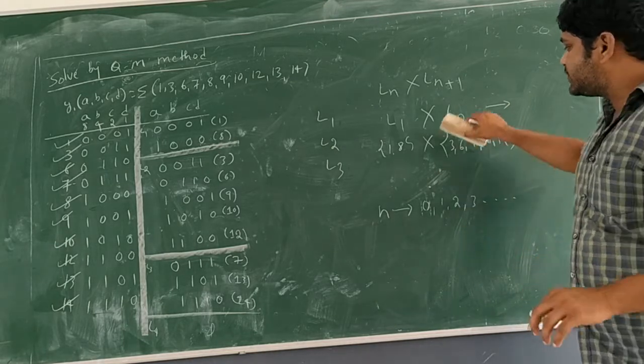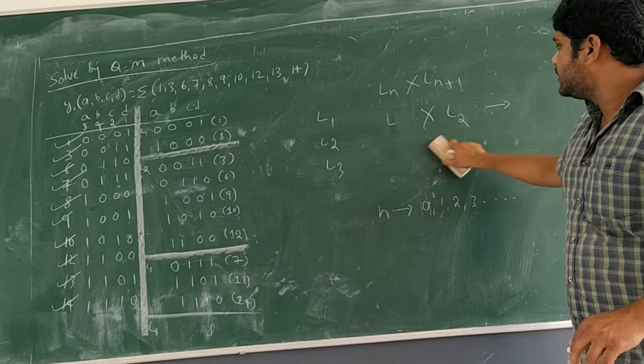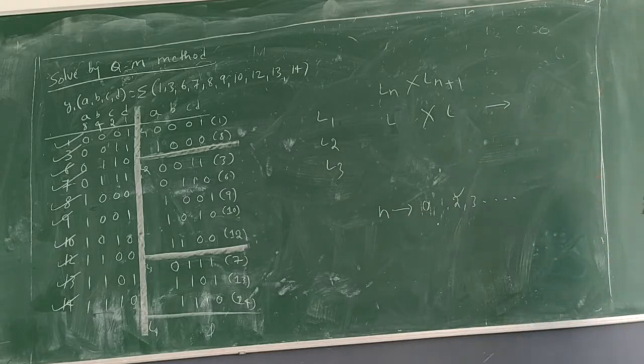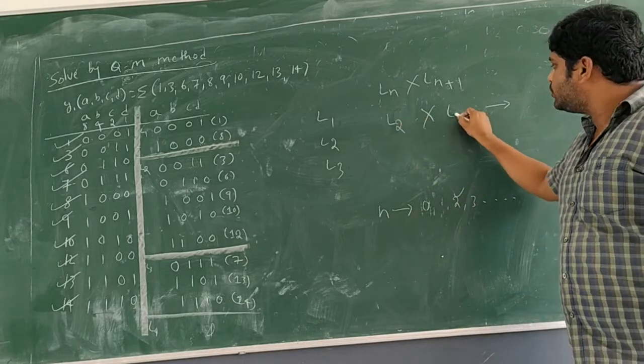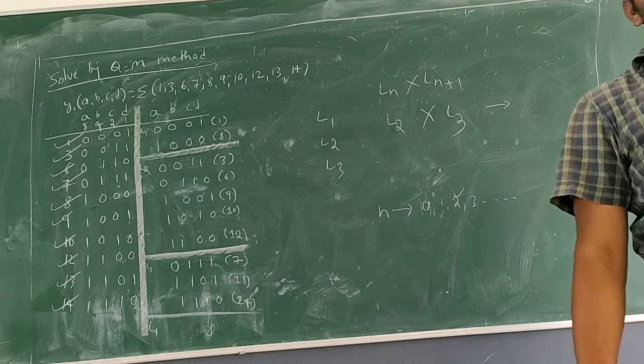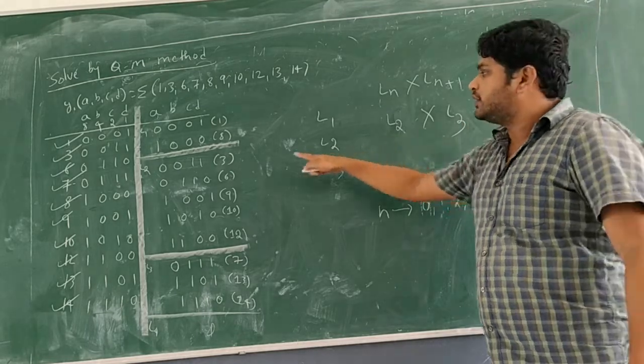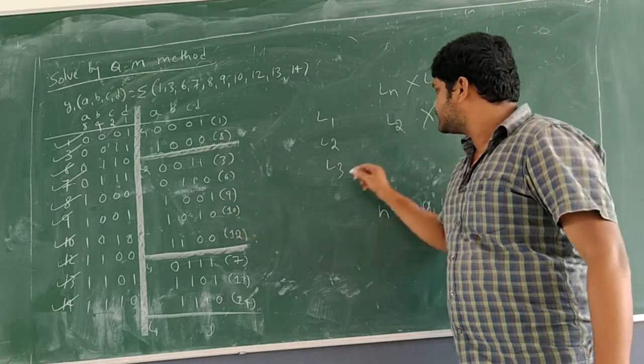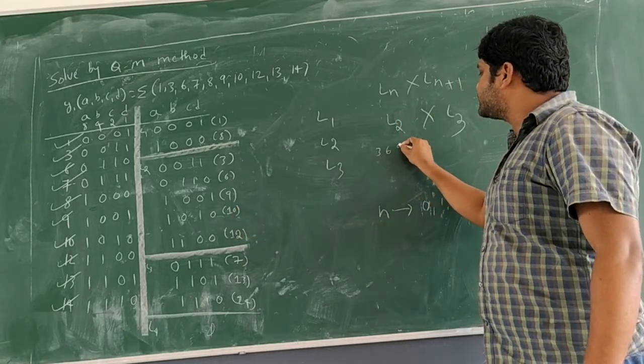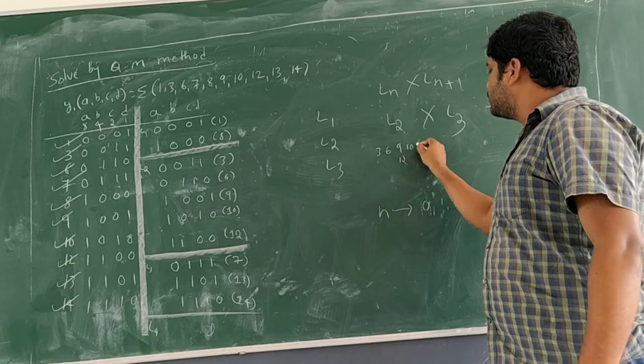So now, if we substitute the n value as 2, what happens? L2 to L3. What are the possibilities? What is the L2 set? 3, 6, 9, 10, and 12.